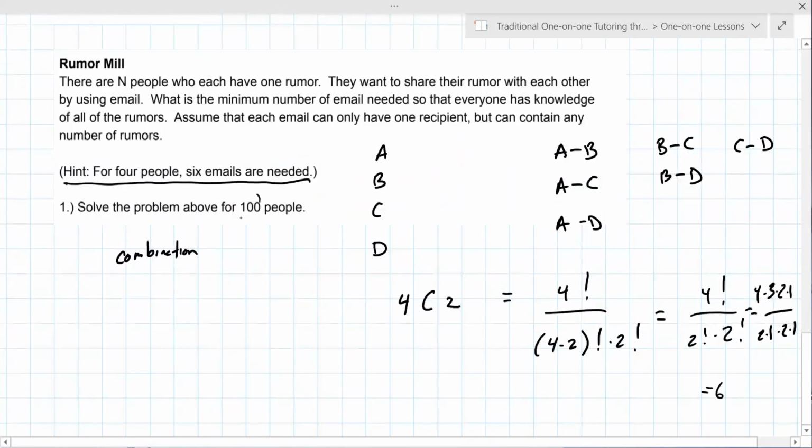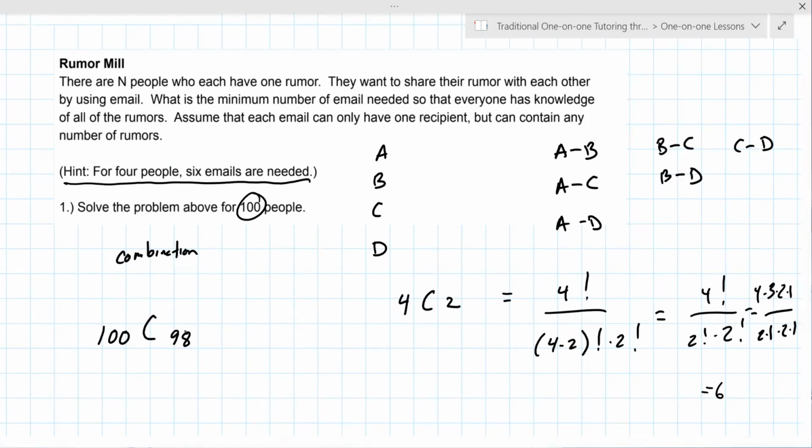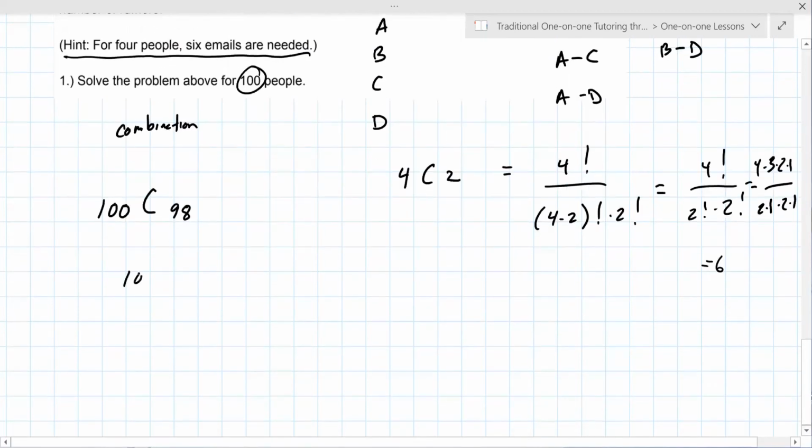But the question here is for 100 people. So I believe it's 100 choose 98. Okay, so the way that works is it's 100 factorial over 100 minus 98 factorial times 2 factorial. So it's 100 factorial over, no, I'm sorry, choose 2.